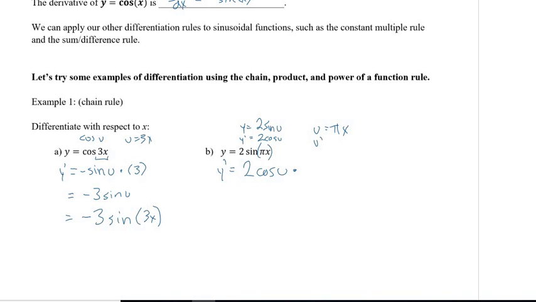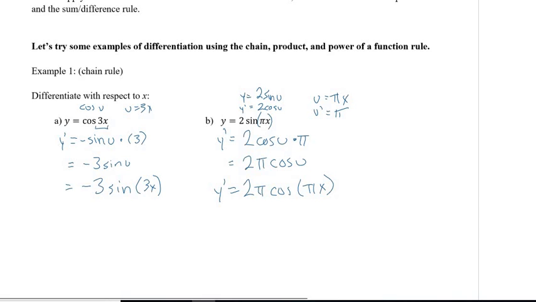In this case, u prime is, that's a linear, it's just 3.14 times x, so it's going to be the slope, which is just pi. So that's going to be 2 pi cosine of u, or fill in that u, it's going to be cosine of pi times x. So that's how chain rule works.